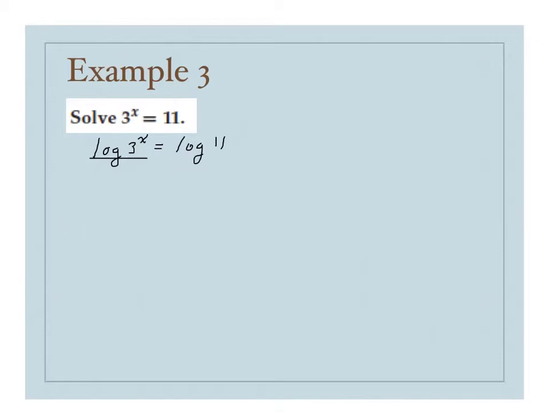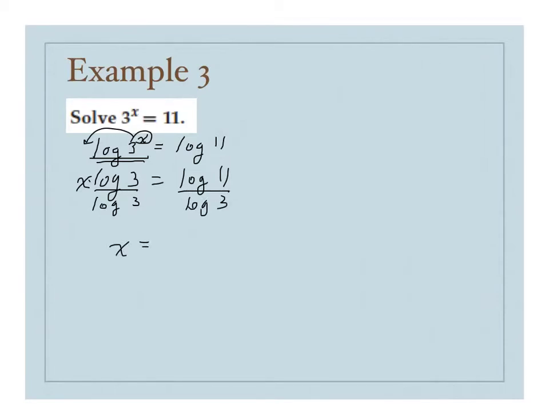Well, now by the power property, I can bring that x to the front. So I'm going to write x log of 3 equals log of 11. And my goal is to solve for x. So right now I have x times log of 3, so I'm going to isolate that x by dividing both sides by log of 3.